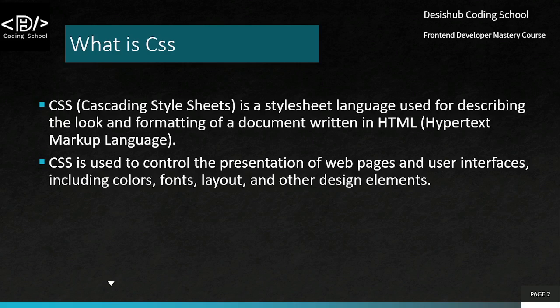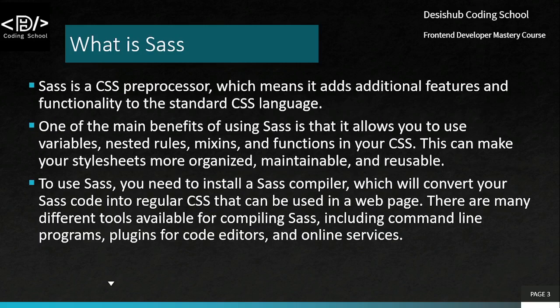giving us more capability to achieve more, in regard to some of the setbacks that CSS has. We are going to see how we can solve them using Sass. Sass is a CSS preprocessor, which means it adds additional features and functionality to the standard CSS language.